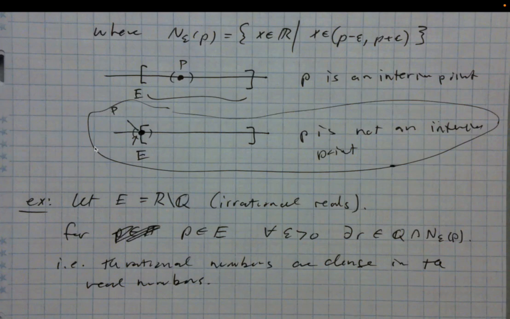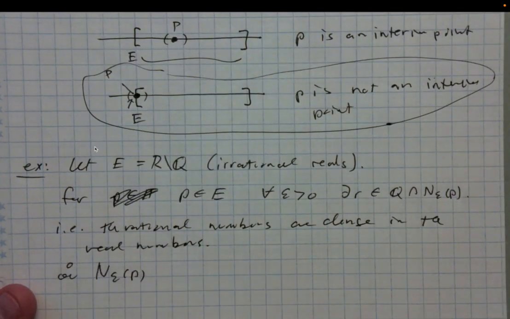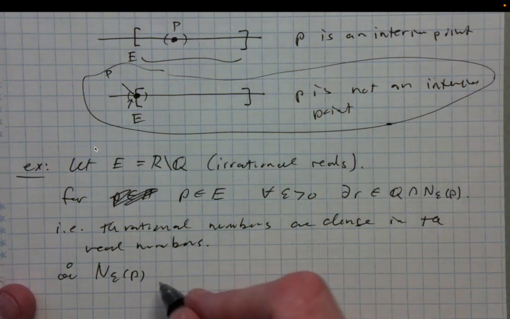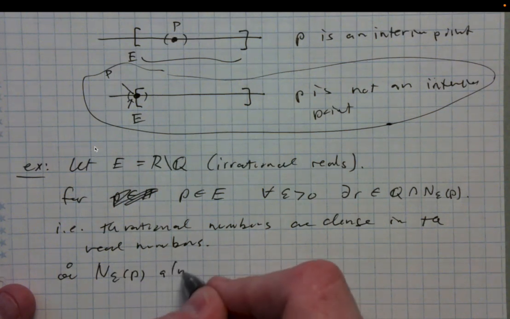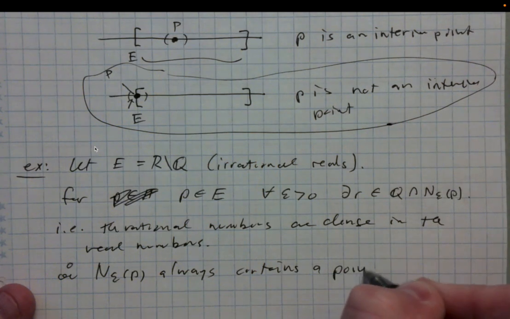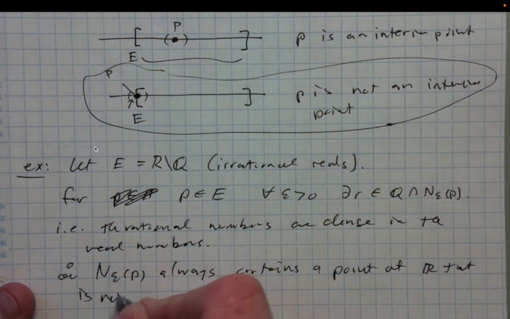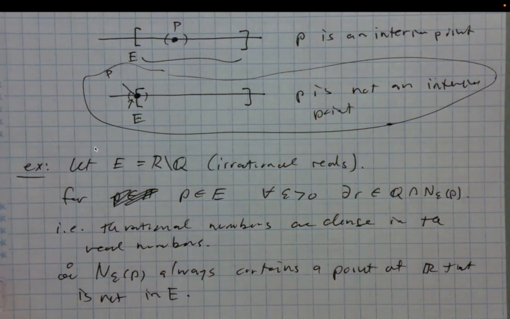That's what it means for the rational numbers to be dense in R. And so this being the case, we would say therefore, the epsilon neighborhood of P always contains a point of R that is not in E.